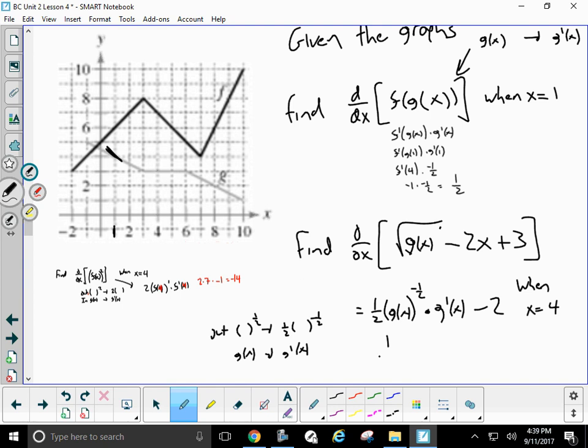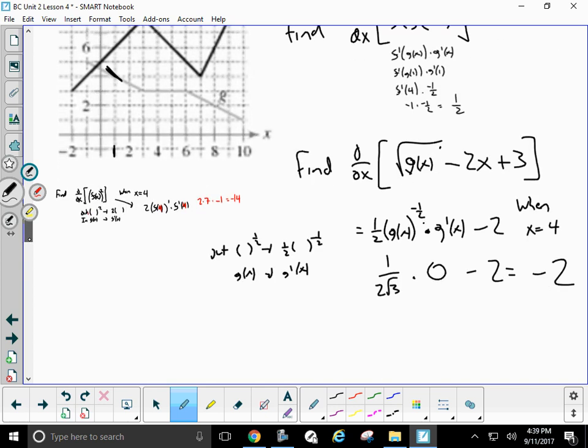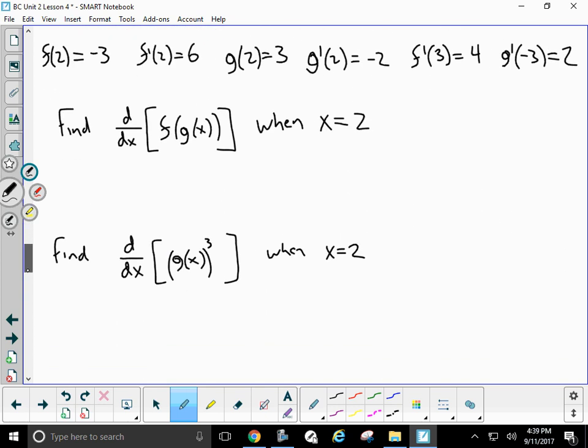So it'd be 1 over 2 root 3. I just rewrote this negative 1/2 as 1 over g of 4 to the positive 1/2. Times g prime of 4, which is 0 minus 2, I get negative 2. Okay, because this time this is 0 minus 2. Okay, so chain rule, man, super important.